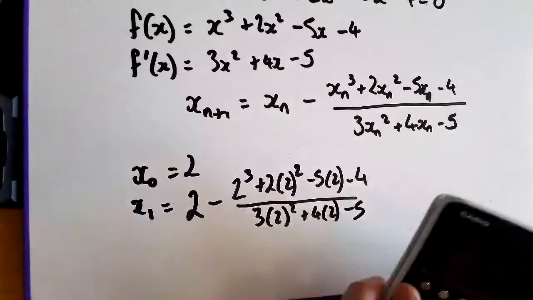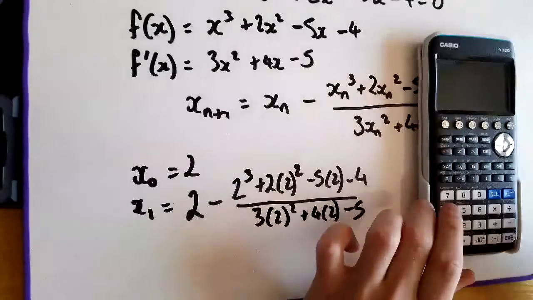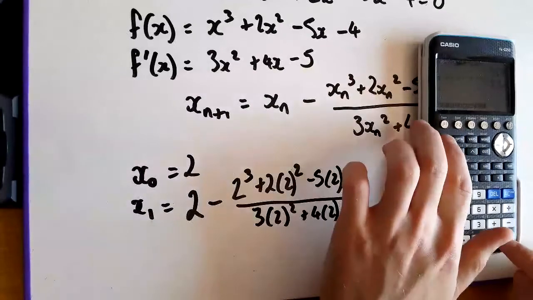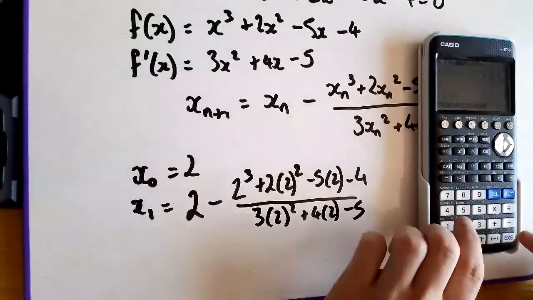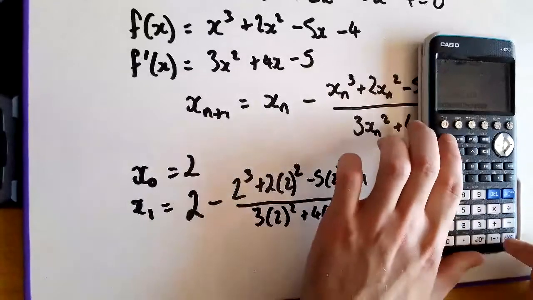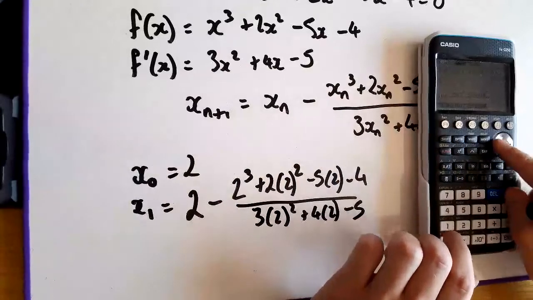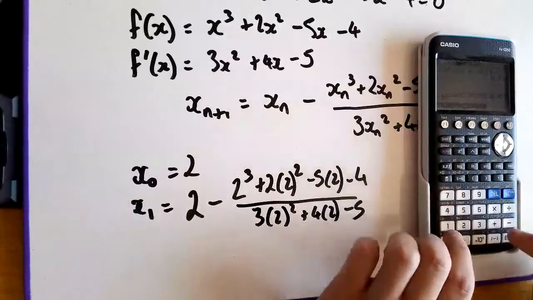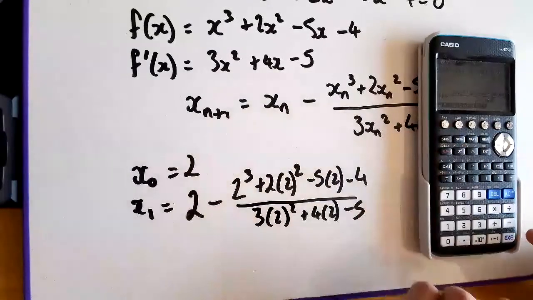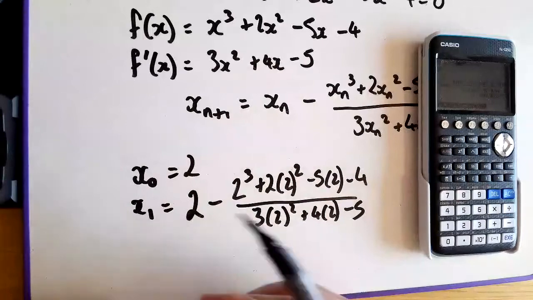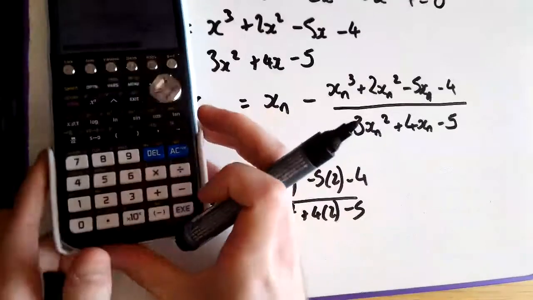But instead, remember you can use that answer button on your calculator. So 2 equals, and it's answer minus answer cubed plus 2 times answer squared, take away 5 times answer, take away 4, over 3 times answer squared plus 4 times answer, take away 5.